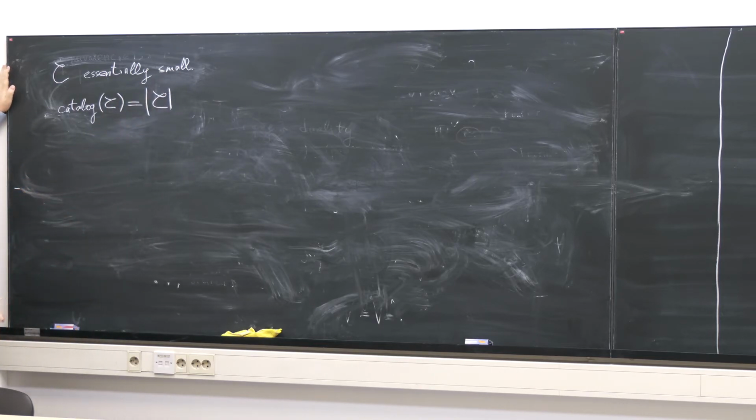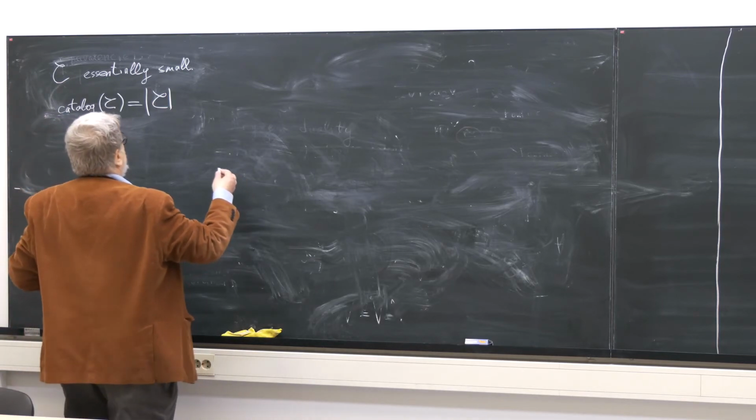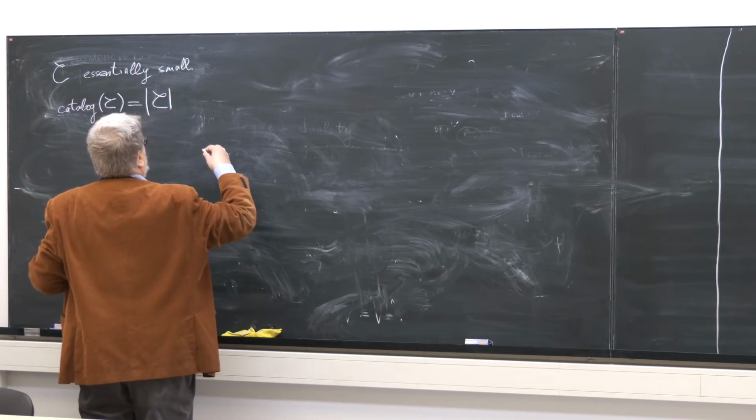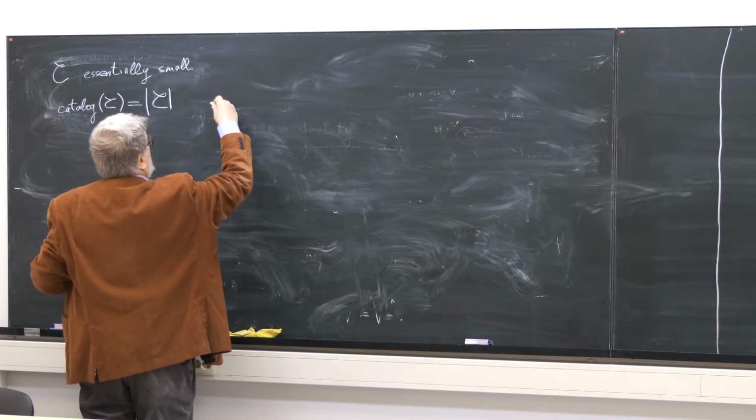I think the absolute values are free here, and they are simple enough. So the absolute value of the category is the set of classes of its isomorphic objects. Let's try the basic example.